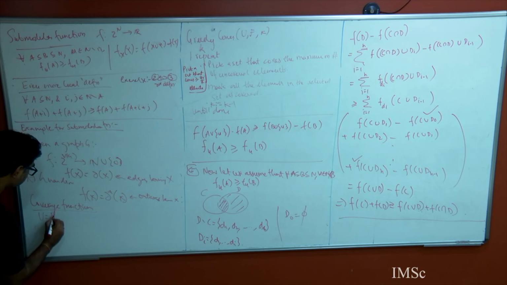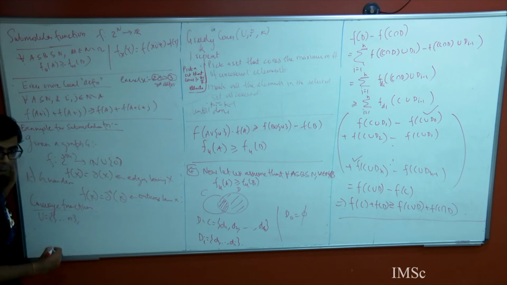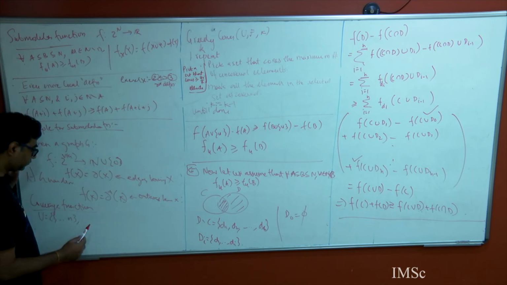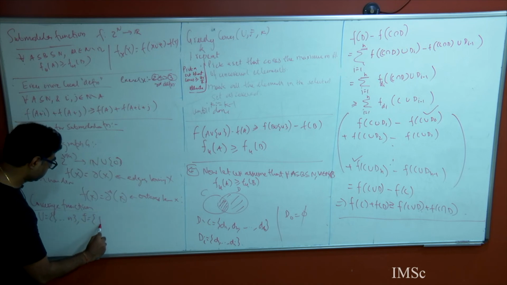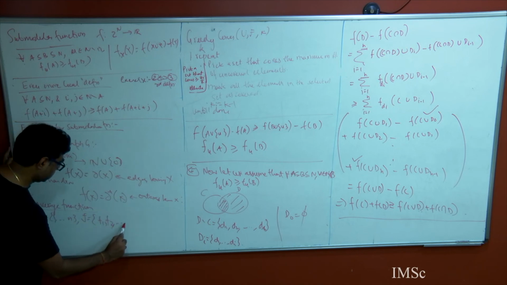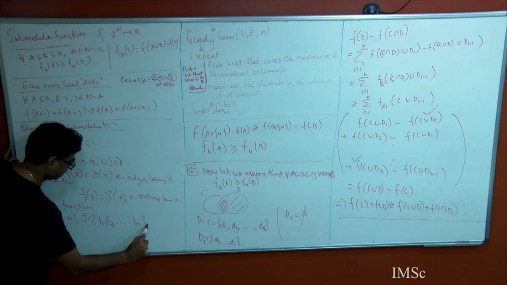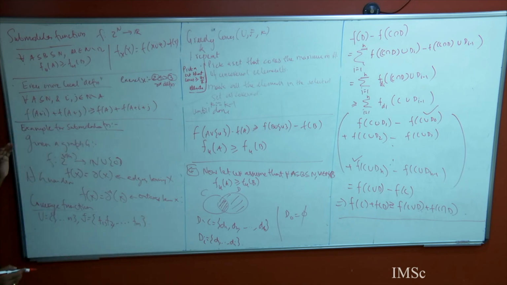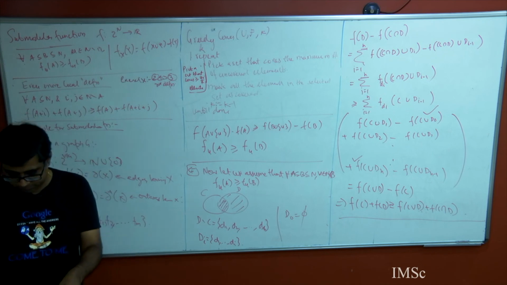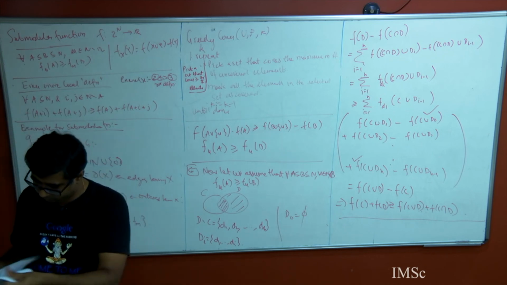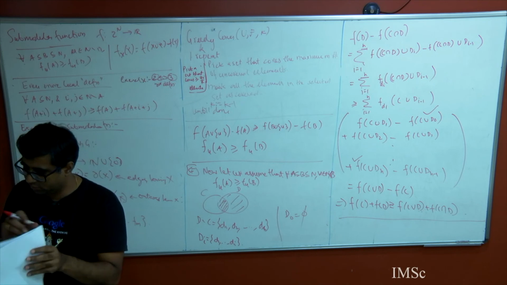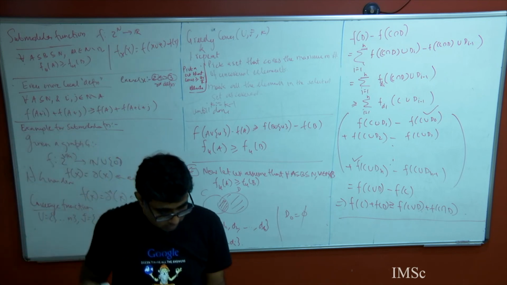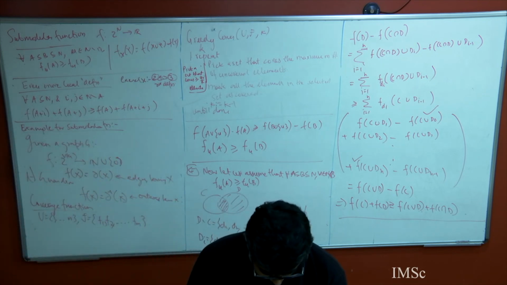So I have a universe 1 to n, and I have a family of sets. Will that not be a submodular function if I just take all the elements that it covers?